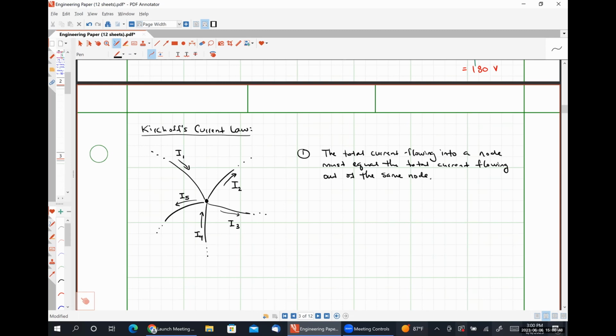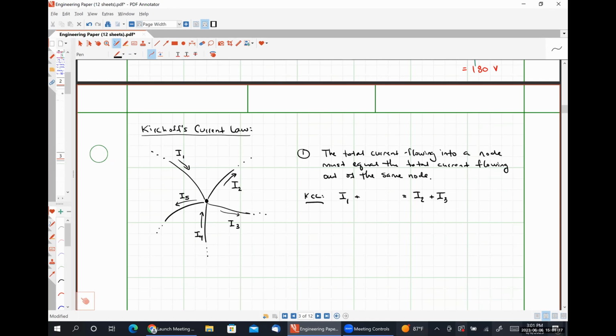So if I were to write a Kirchhoff's current law equation for this, KCL: I1 is flowing in, so the left-hand side of the equal sign is going to be my currents flowing in, and the right-hand side of the equal sign will be my currents flowing out. I2 is flowing out, so I'm going to put it over here. I3 is flowing out, so I'm going to add I3 to I2.